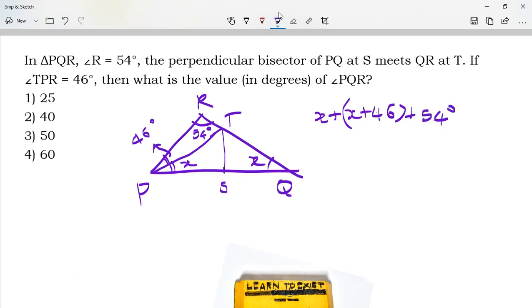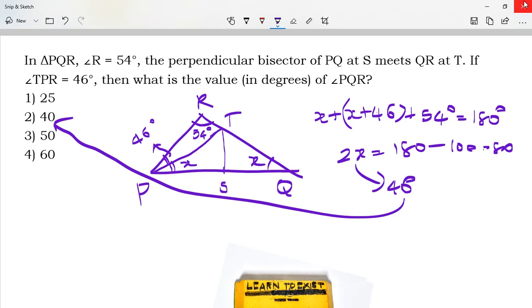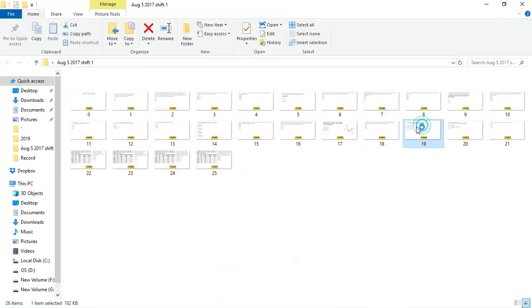The sum of angles would be equal to 180 degrees. So we can say 2x will be equal to 180 minus 100, so this is 80. So this would be equal to 40 degrees. And the answer is this one. And we will move on to the next question.